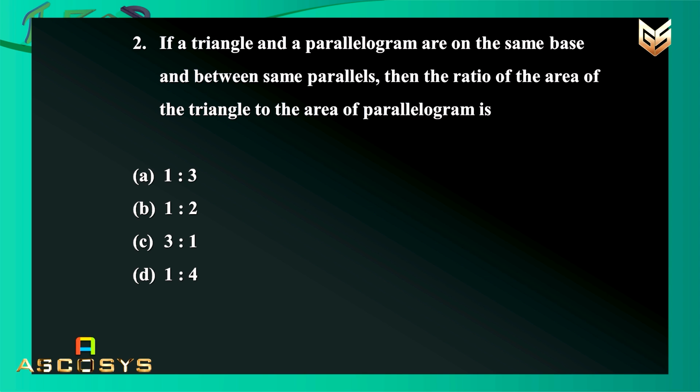Now, when the triangle and the parallelogram are lying on the same base or equal base and between the same parallels, then the area of the triangle is half of the area of the parallelogram. So the ratio of their areas will be 1:2. So option B 1:2 is the correct option.